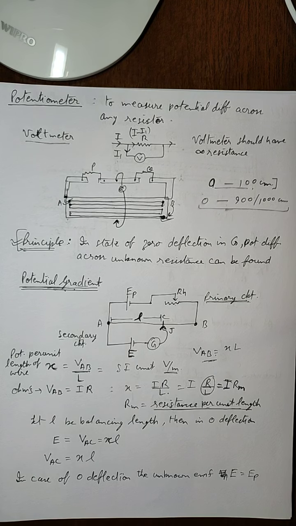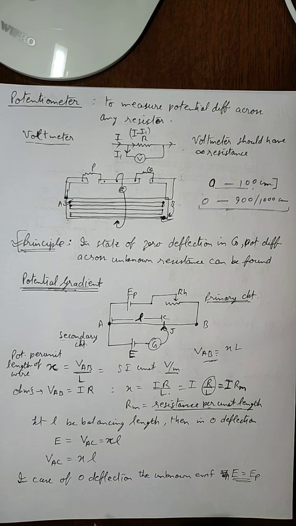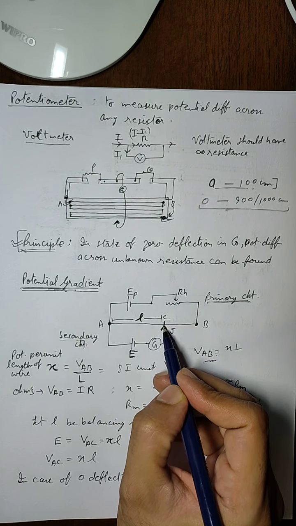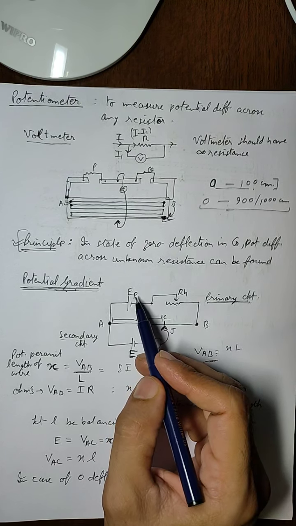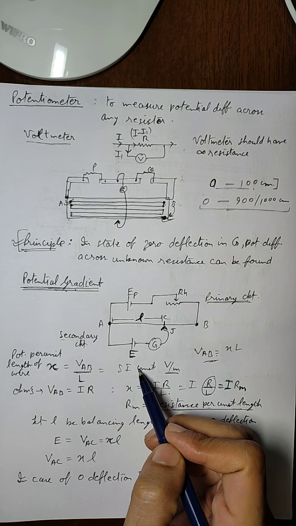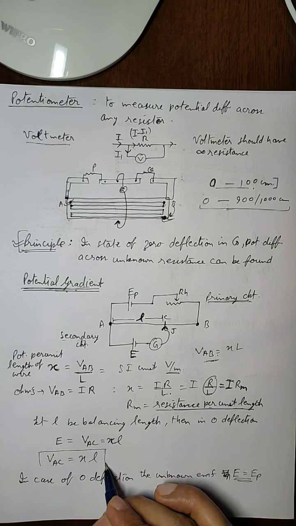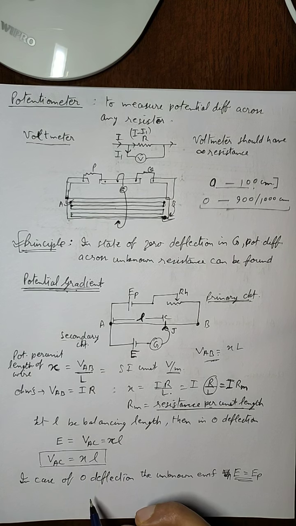At this particular condition, we have zero deflection. So when we are connecting this galvanometer at this point, what we are actually achieving is that EP and E become equal, and we get this particular condition, VAC equals X into l. So this can be considered as the principle of the potentiometer.